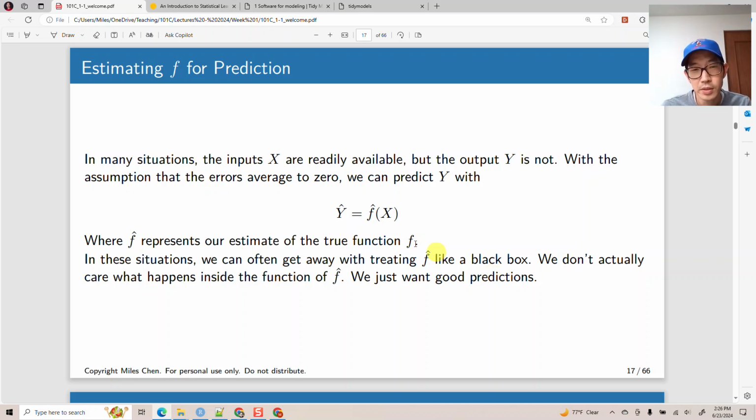This function f hat, sometimes we can treat like a black box, meaning we don't actually care what happens on the inside of it. We just want to be able to put in values, and if it spits out good predictions, we don't care what's happening inside the box.